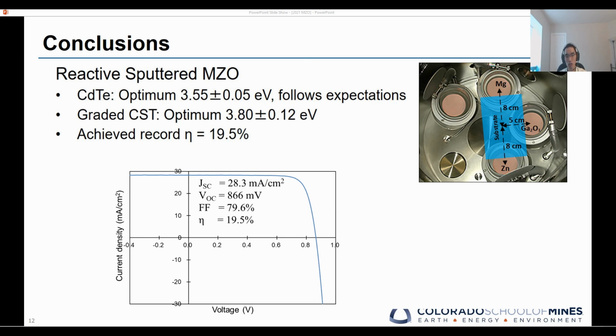In graded CST absorbers, the optimal MZO bandgap window is much greater with a higher magnesium content, at 3.8 electron volts. We are still exploring why these two phenomena happen. Throughout all the optimization, we were able to achieve a device performance of 19.5% efficiency.